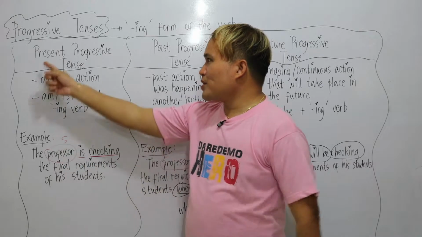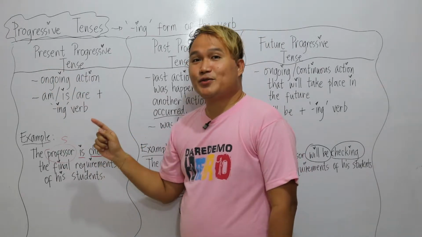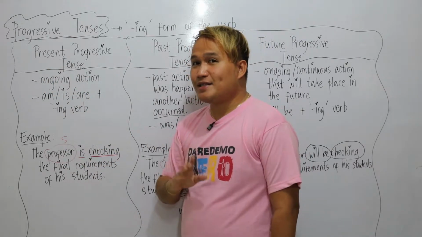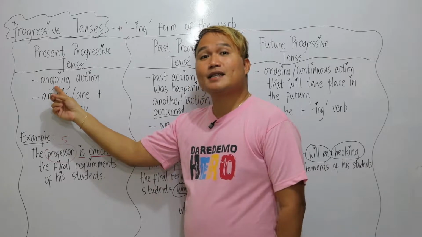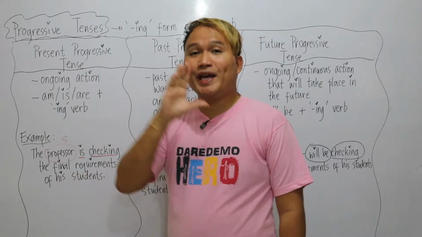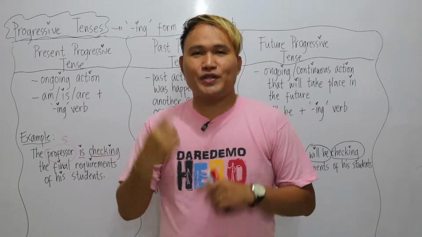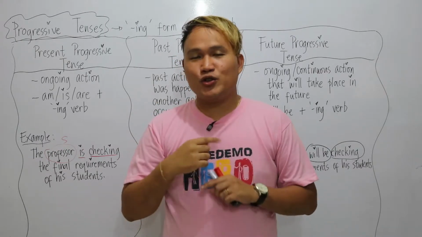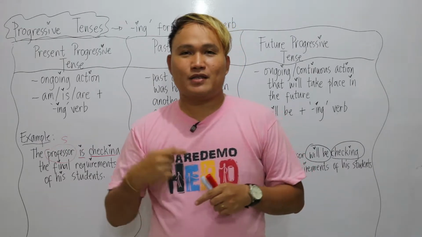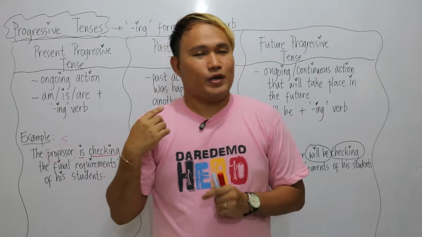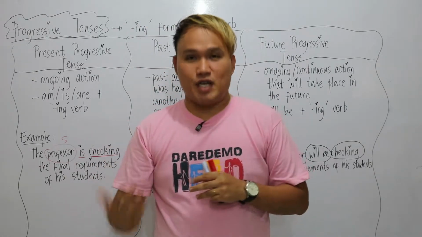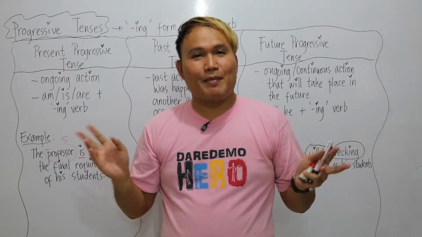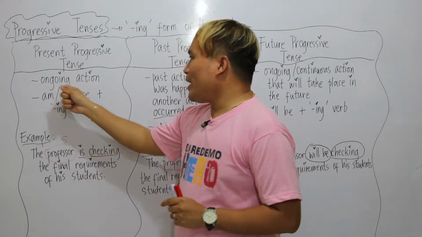For present progressive tense, let's read. What is present progressive tense? It is an ongoing action. Okay? When you say ongoing, it's still happening now and you don't know as to when is it going to stop or when is it going to finish. I'm referring about the action. So an ongoing action.